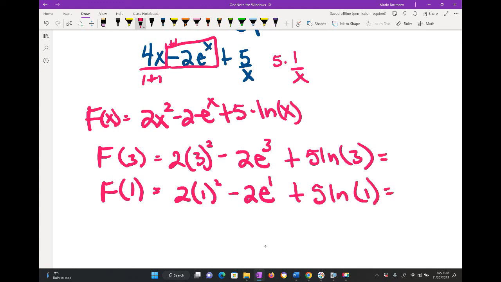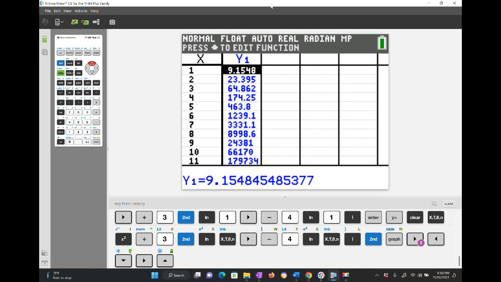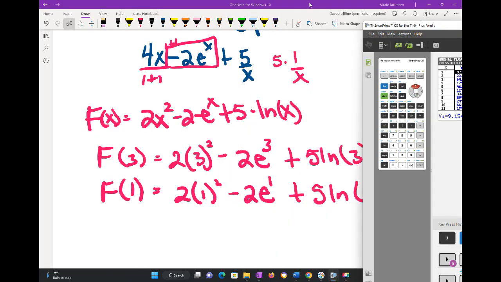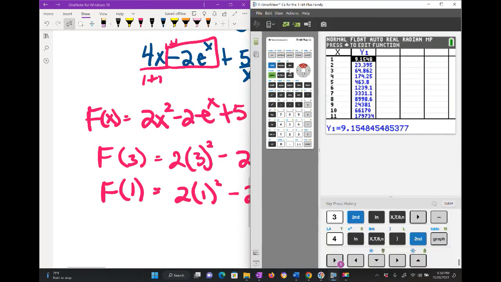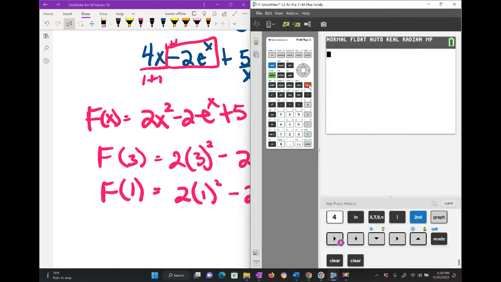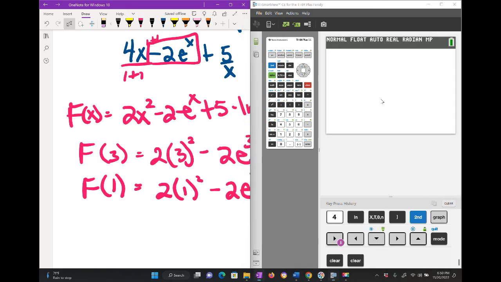Now throwing this into a basic regular calculator, so I'm going to use the basic functions of the TI calculator. You can do this with any calculator, FYI. So just a regular calculator.